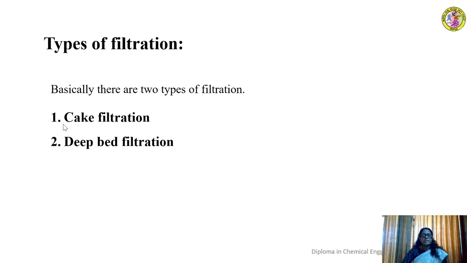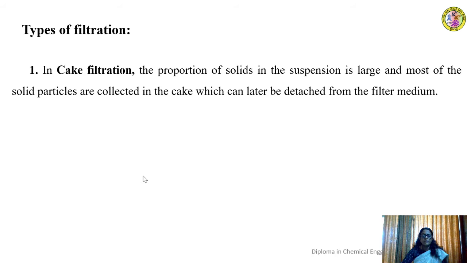So cake filtration is usually carried out to separate a large quantity of particles or solid suspension in a liquid. Deep bed filtration is usually carried out to produce sparkling clear liquids. So let us now understand cake filtration.